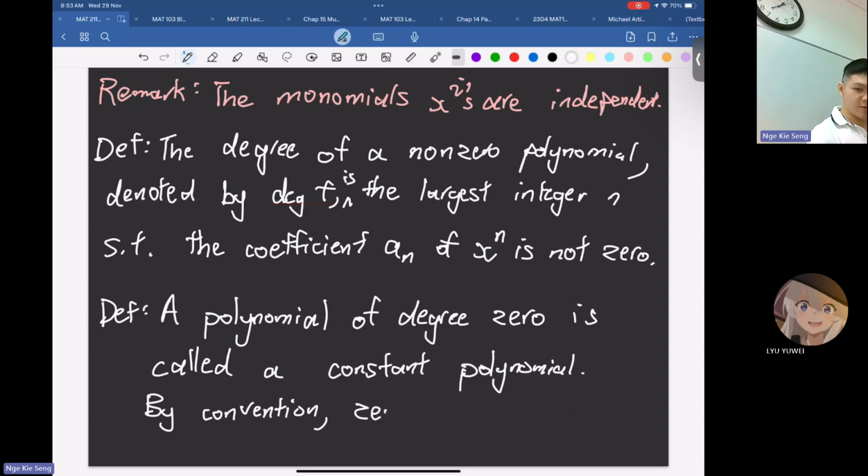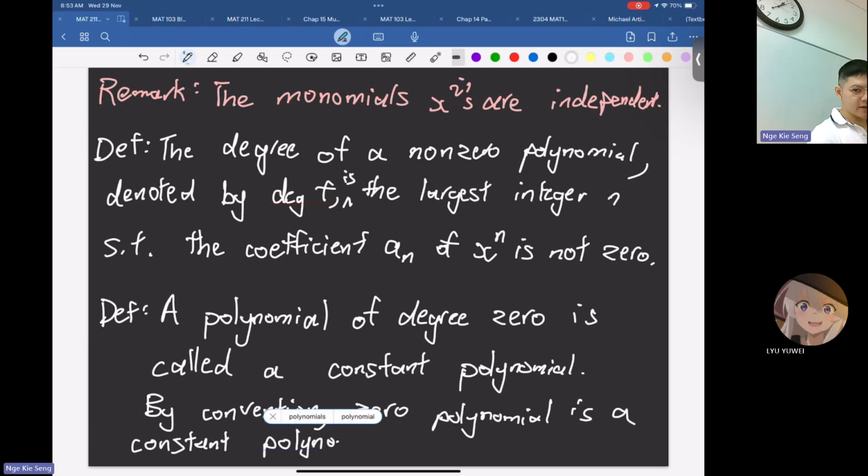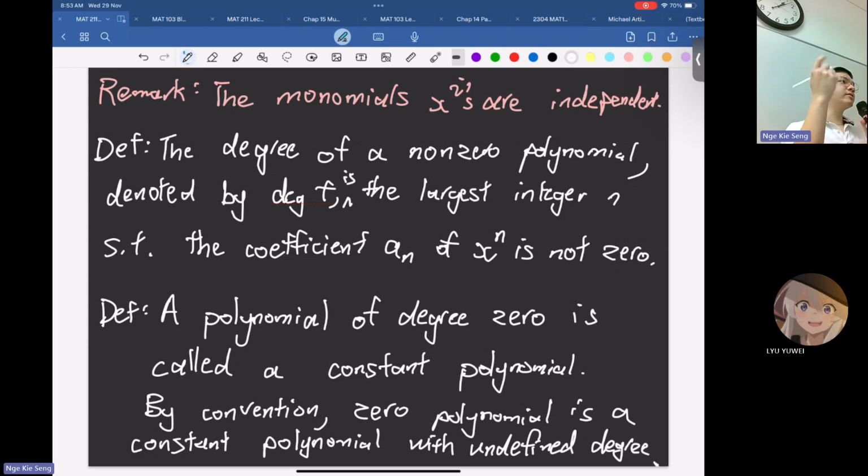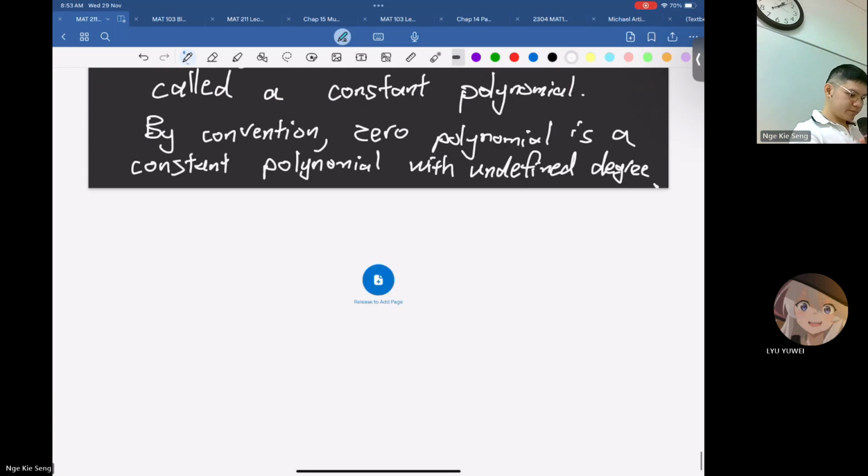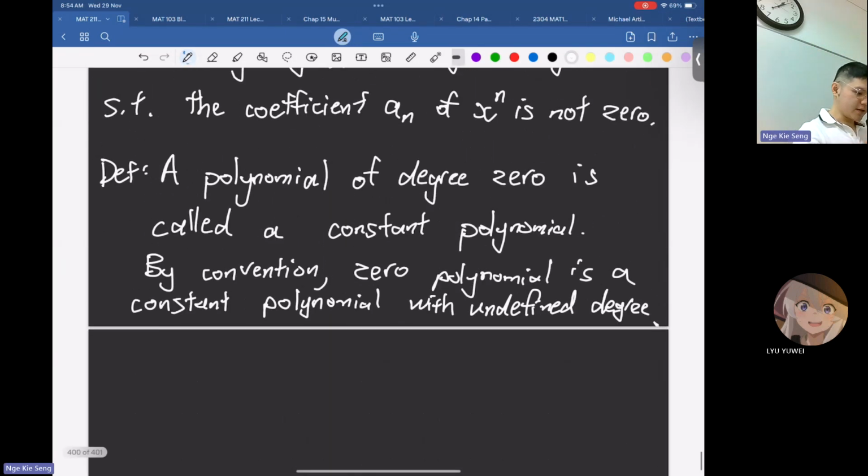So by convention, the 0 polynomial, of course, is a constant polynomial, but we will say that its degree is undefined, because you can write it as 0 times x to the power 3, 0 times x to the power 6, 0 times x to the power 1. So we just say that it has an undefined degree.